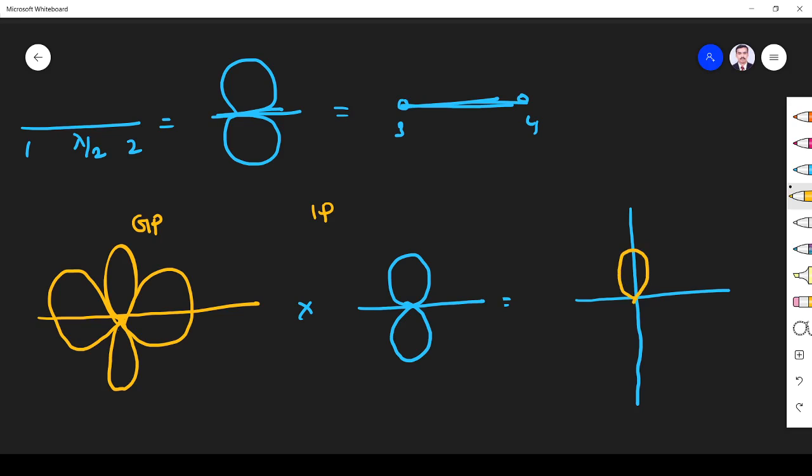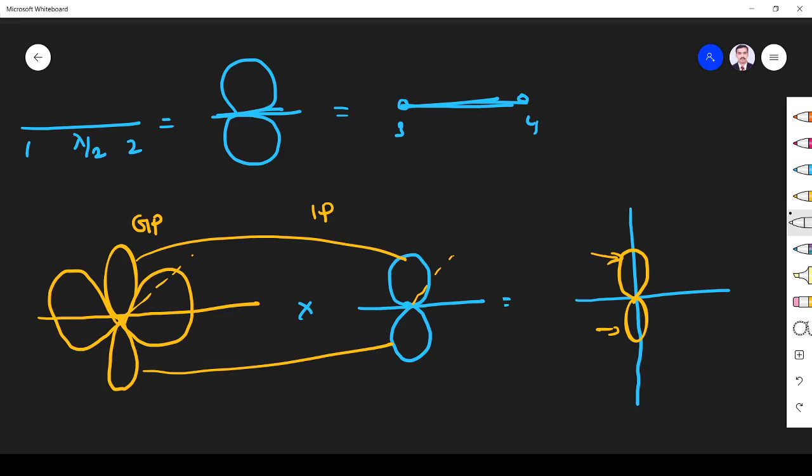Okay, similarly here also, when you multiply this area, we get this. When you multiply this and this, we get this. Here it is going like this, here also it is going like this. So it is already narrow. Fine. Okay, so it will be coming.